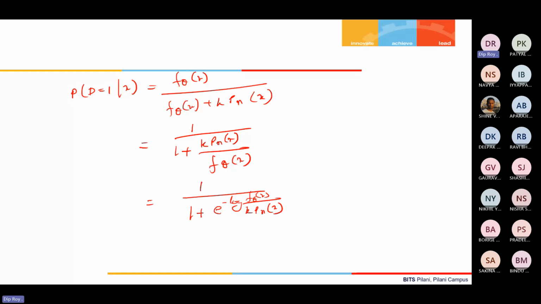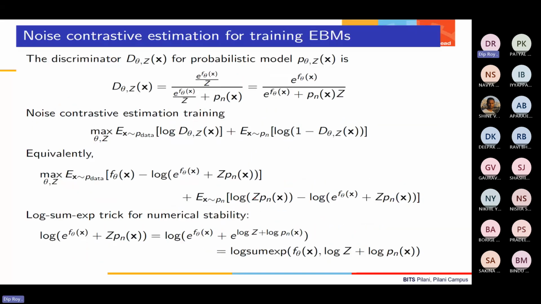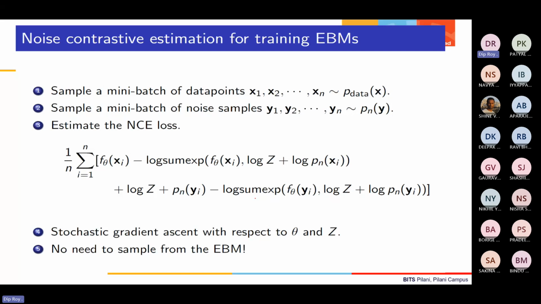So this is essentially noise contrastive sampling, and these are the slides about noise contrastive sampling. The logic is the same.